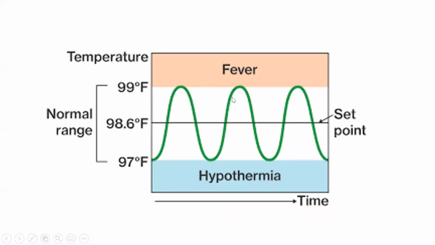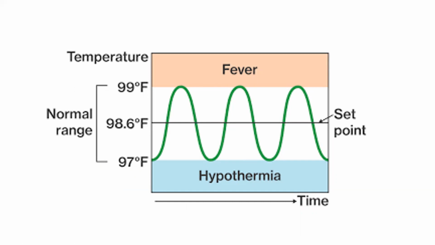For example, maintaining your core body temperature is a series of very complex reactions that work together to ensure that you maintain the core body temperature of 98.6 degrees.